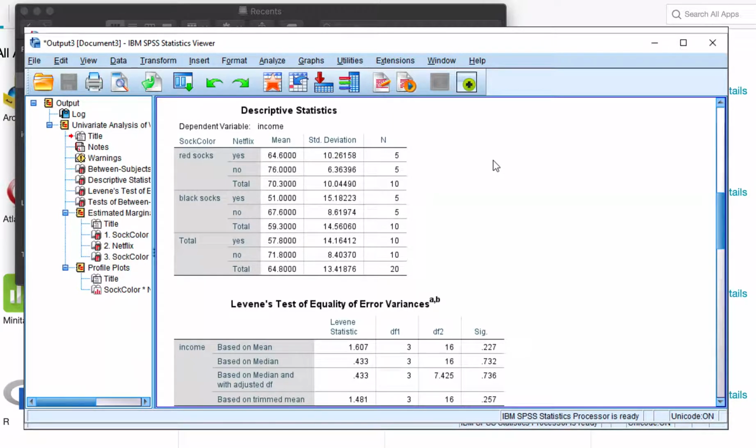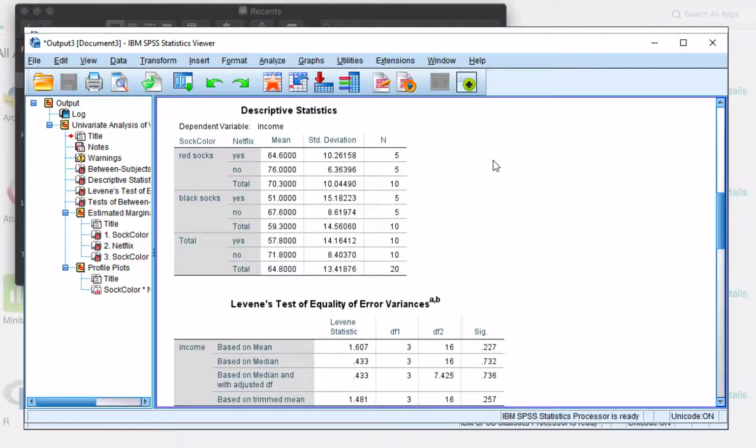So the first one would be, there would be no significant difference in the gross income of people who have red or black socks. The second null hypothesis, H0 2, or H sub 0, H0 1, H0 2, there will be no significant difference in the income of people who have Netflix and do not have Netflix at home.